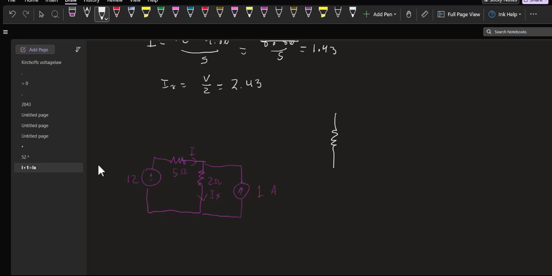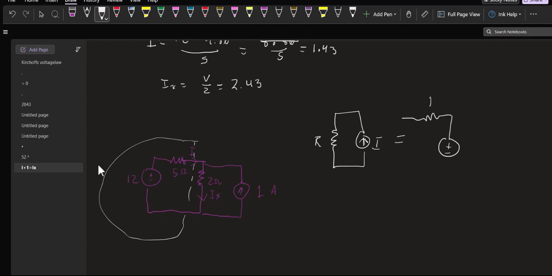If I have a current source and a resistor in parallel, where this is I and this is R, then as far as the rest of the circuit is concerned, this is equivalent to a voltage source and a resistor in series where the voltage source has the value of IR. Now, it doesn't help me find out anything about a current or a voltage in the thing that I'm transforming, but as far as the rest of the circuit is concerned, it acts the same way.